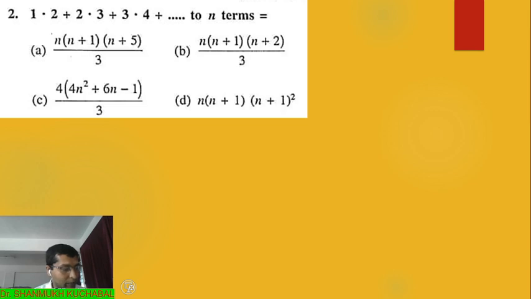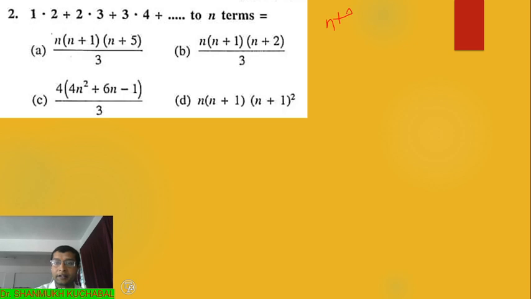Further, example number 2: 1 into 2 plus 2 into 3 plus 3 into 4 and so on, there are n terms, then which of the following will satisfy? That is, we need to find Sn. Before that, we'll define the nth term.